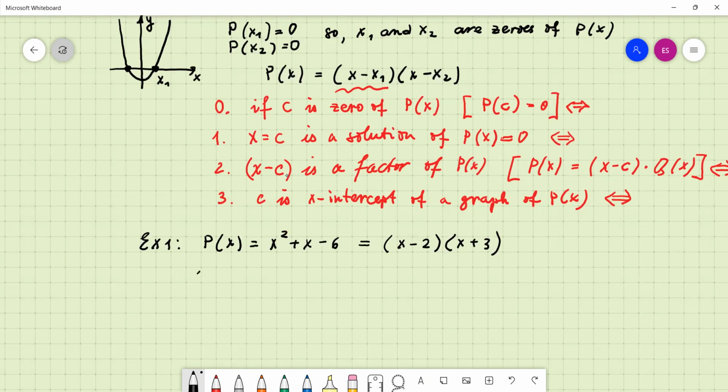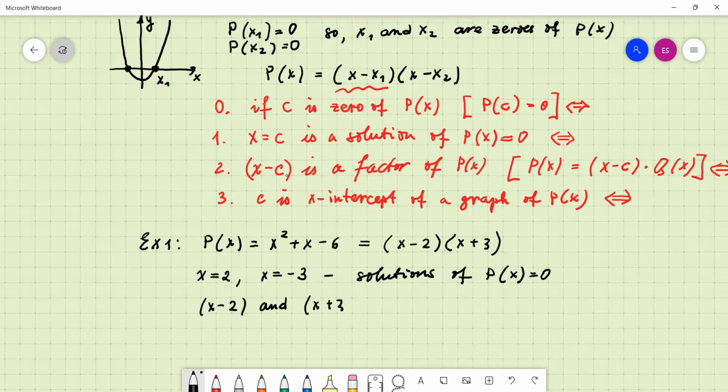What do we have? Well, first, x equals 2 and x equals minus 3 are solutions of P of X equals 0, right? If you plug in, for example, 2 over here, you obviously are going to get 0, just because this factor is 0. Then we see that x minus 2 and x plus 3 are factors. Obviously they are factors, because the whole expression is built out of these two factors, right?